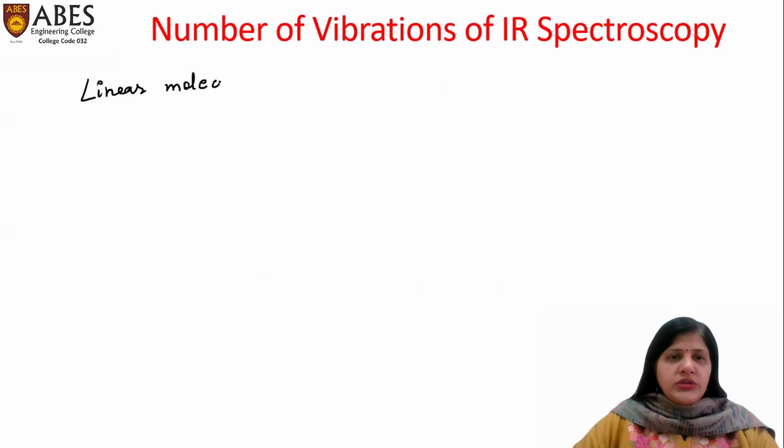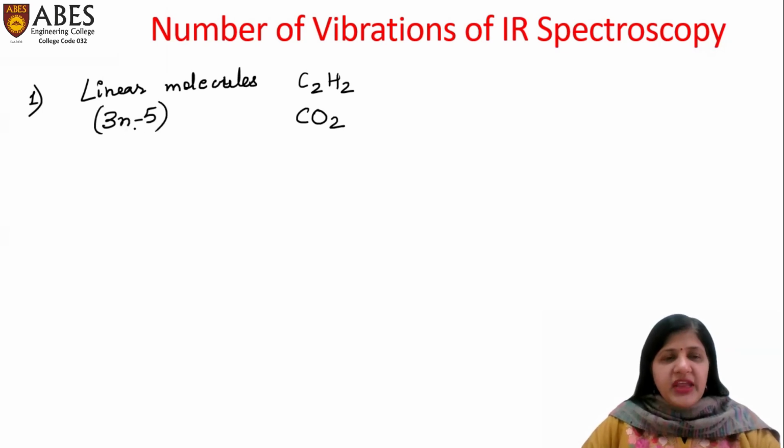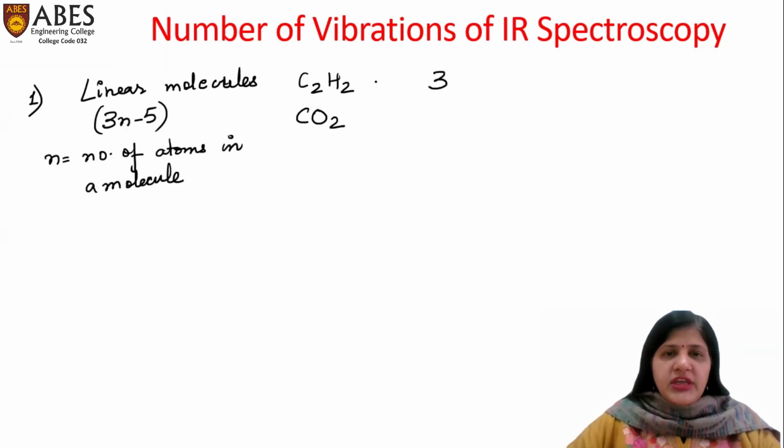For linear molecules, for example ethyne, C2H2, or carbon dioxide, the vibrations are calculated by the formula 3n minus 5, where n is the number of atoms in the molecule. For ethyne, this is 3 into 4 minus 5, so there are 7 fundamental vibrations.